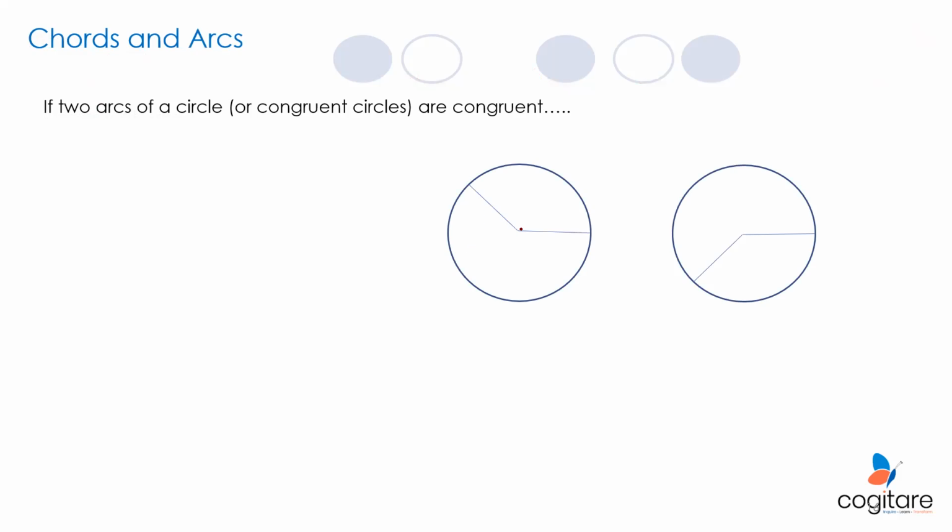Let's say this is center O, center P. I'll call this arc AB and this arc CD, minor arcs of course. Now we are interested to know what happens to the chord AB and the chord CD. So let's join them and find the relationship between them.